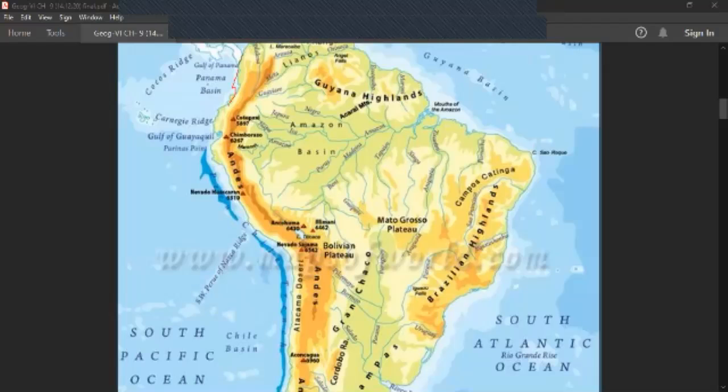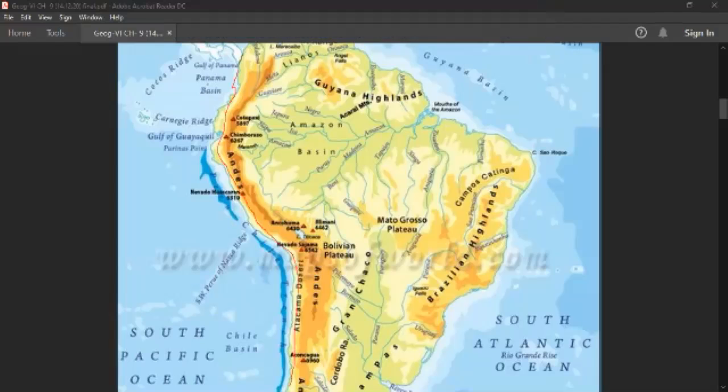It lies in between Andes Mountains and the South Pacific Ocean, like this. This is a very narrow plain lying between Andes and Pacific Ocean in the western part of the continent.